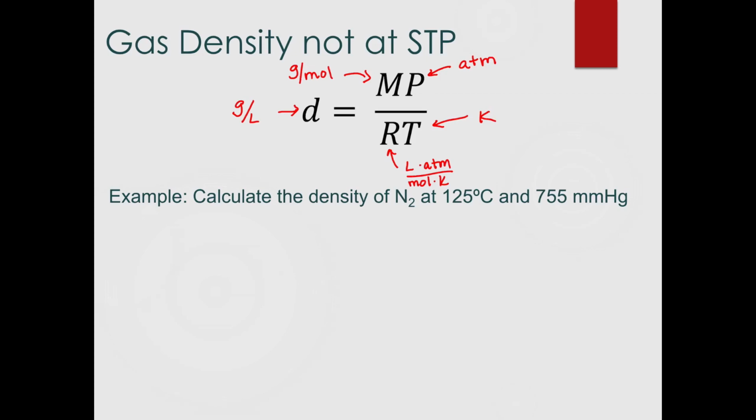So it says calculate the density of nitrogen at 125 degrees Celsius and 755 millimeters of mercury. So again, we need to change our temperature to Kelvin. So we'll add 273, and that gets us 398 Kelvin. And then we will convert our millimeters of mercury to atmospheres by dividing by 760, and that will get us 0.993 atm.